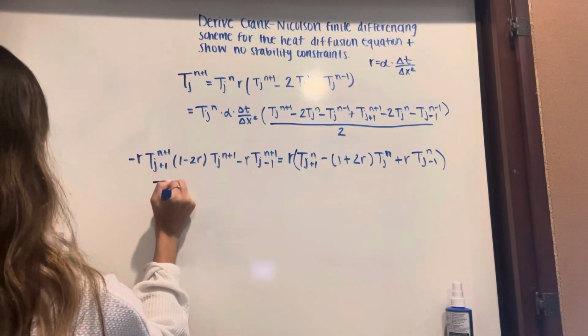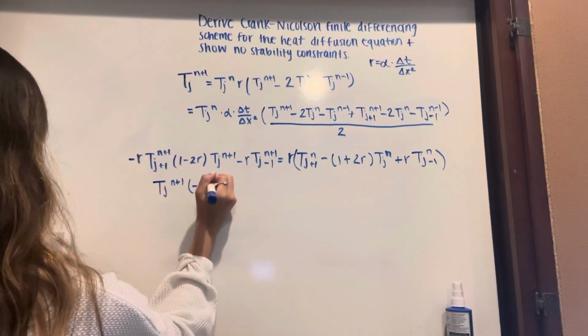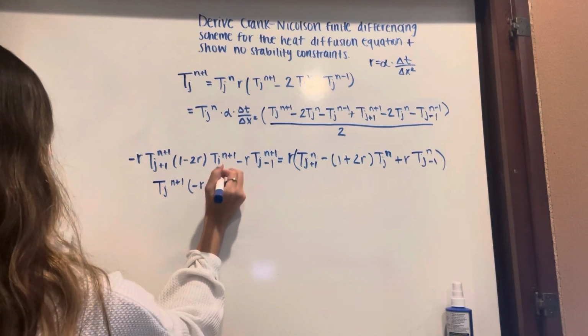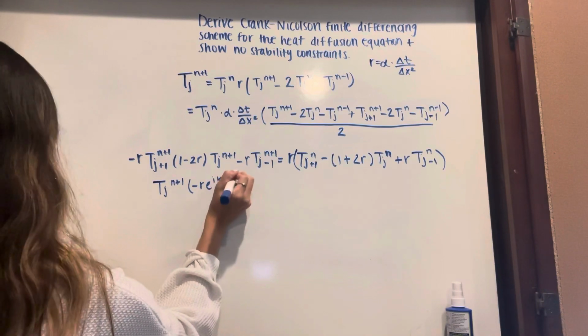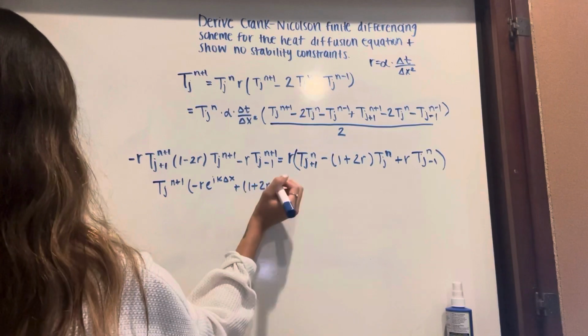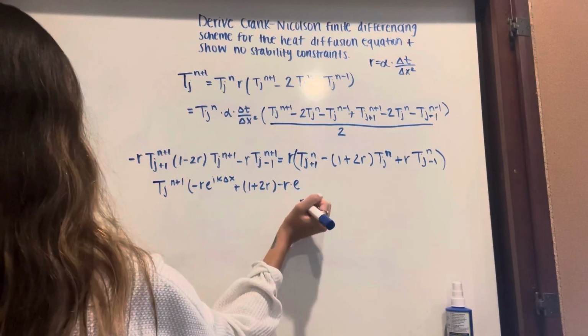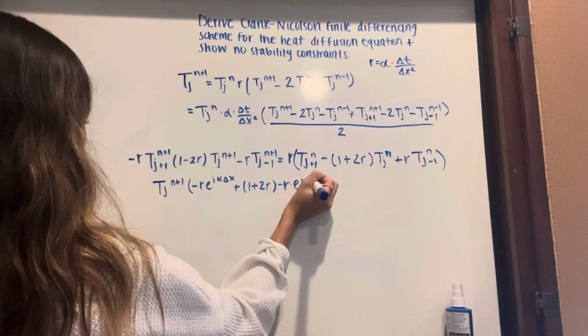And that's going to be Tj n plus 1 minus R times e to the I k delta x, plus 1 plus 2R, minus R times e to the I k delta x.